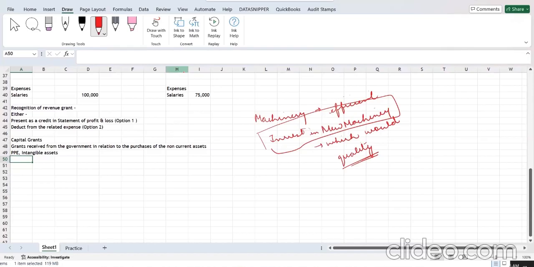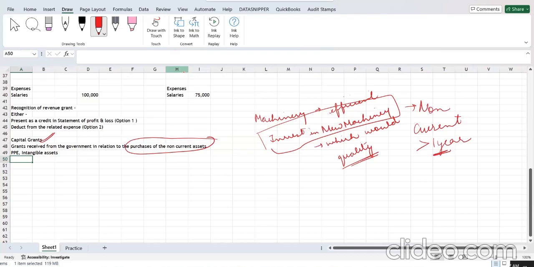So if you're investing in something that would be non-current, that would be used more than one accounting year, like normally it's 1 year, but more than 1 year, right? So if you incur expenditure on the purchase of a non-current asset, then that would be considered as your capital grant.